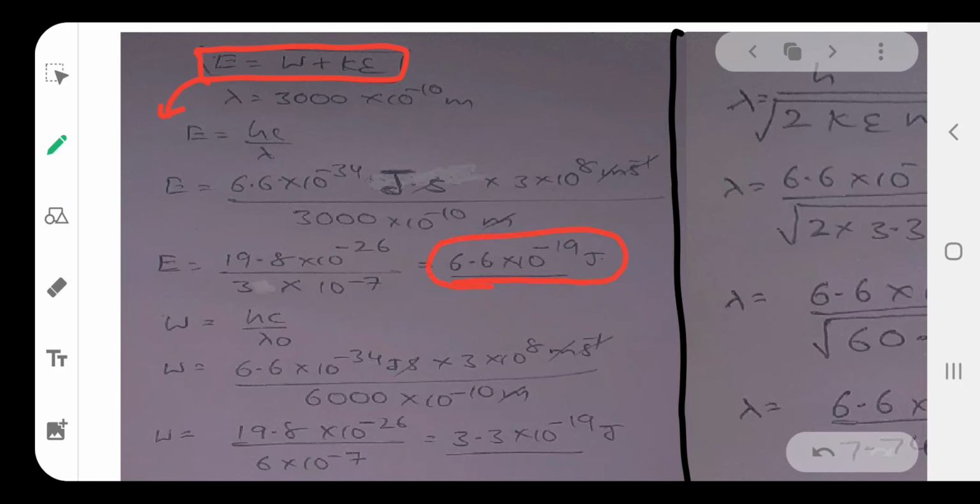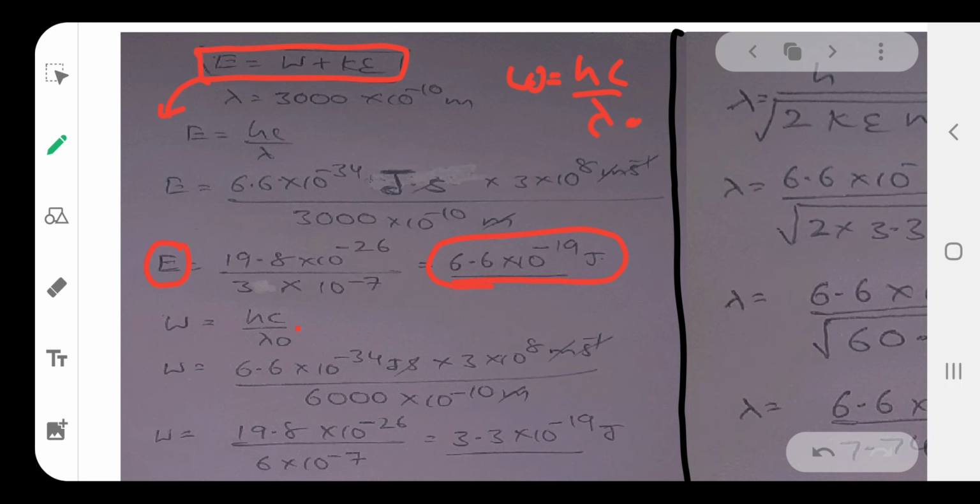But work function W is nothing but hc by lambda naught. Then again you substitute. This is the energy of incident light. Then the energy at threshold frequency, that is the energy of the work function, W equal to hc by lambda naught. So W is 6.6 into 10 power minus 34 into light velocity divided by lambda naught, which they gave already in the problem as 6000 angstrom units, that is 6000 into 10 power minus 10 meters.